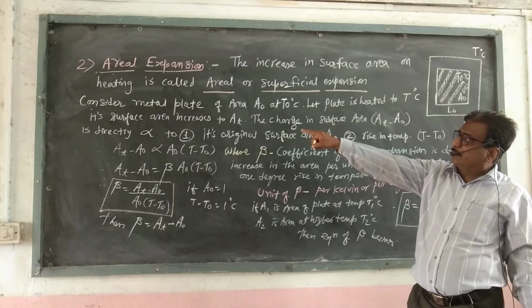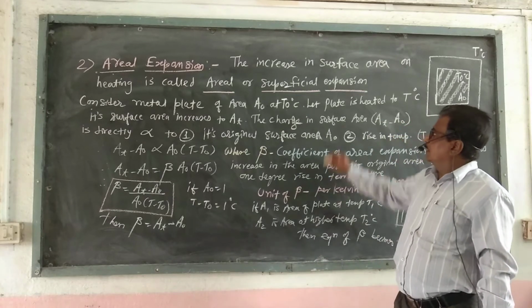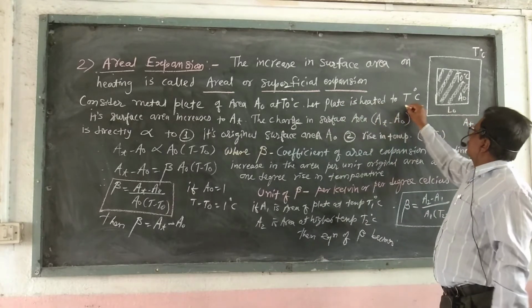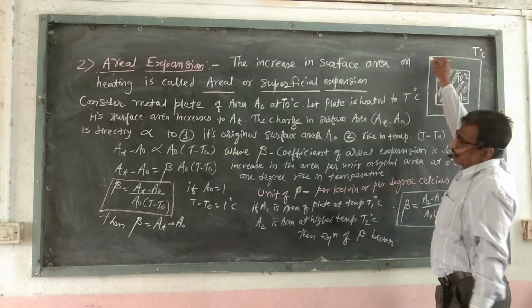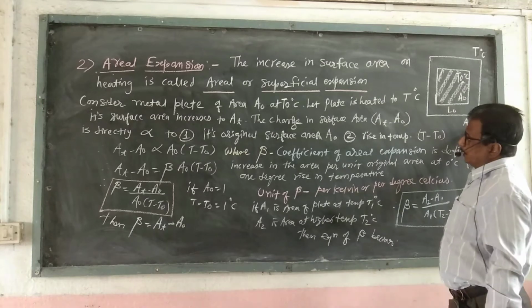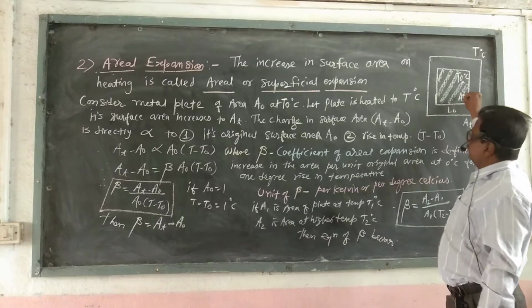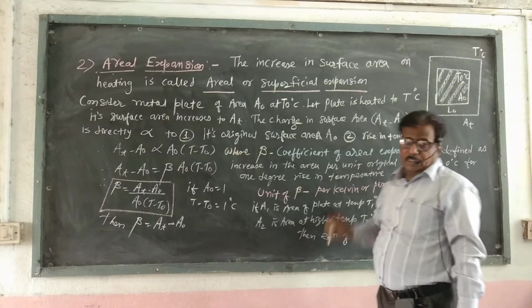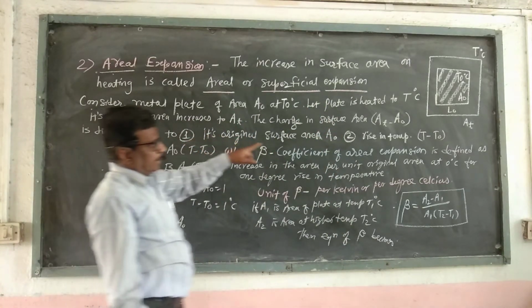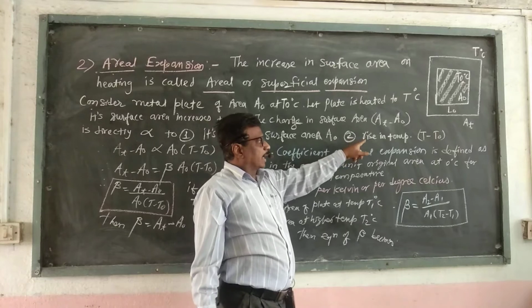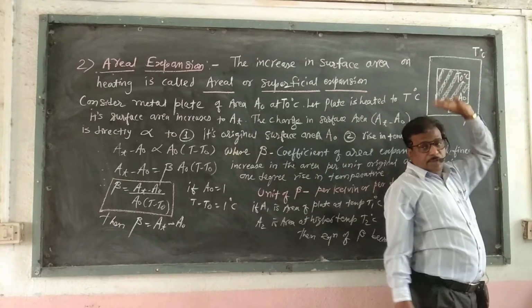For that we consider a metal plate of area A0 at T0 degree Celsius. Let the plate be heated to T degree Celsius. So its surface area changes, that is, it increases to A. So the change in surface area, A minus A0, is directly proportional to, number 1, its original surface area A0, and number 2, its rise in temperature from T0 to T degree Celsius.